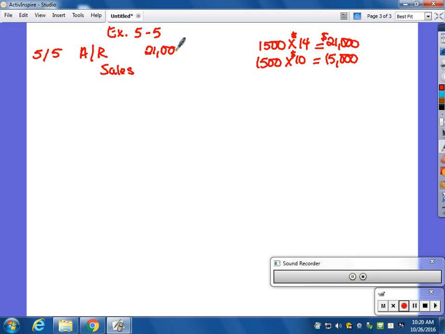We have it up here. Now to record the cost of this sale on that same day, we debit what? Cost of goods sold and credit merchandise inventory, because your inventory is decreasing. And what amount? 15,000.